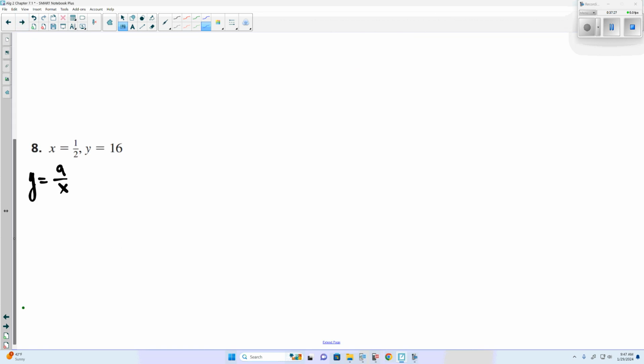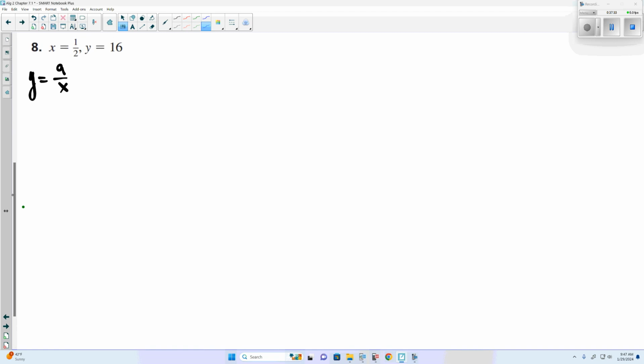Now, let's look at 8. And funny enough, even though x is 1/2, it's actually going to work out nicely. Because they told us here, y is 16 when x is 1/2. What can we do to get a by itself? We can multiply both sides by 1/2.